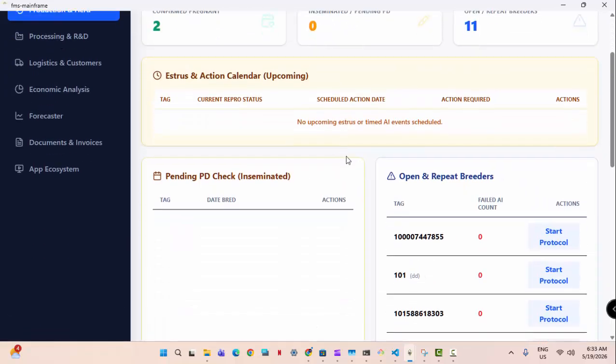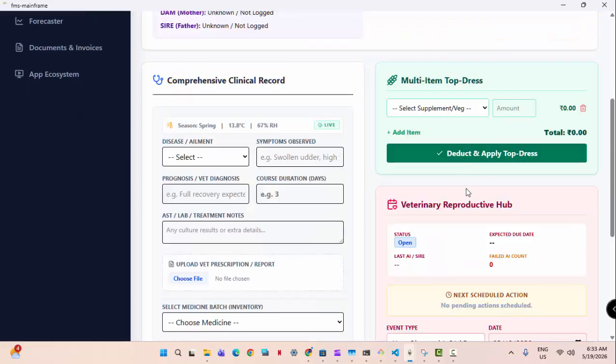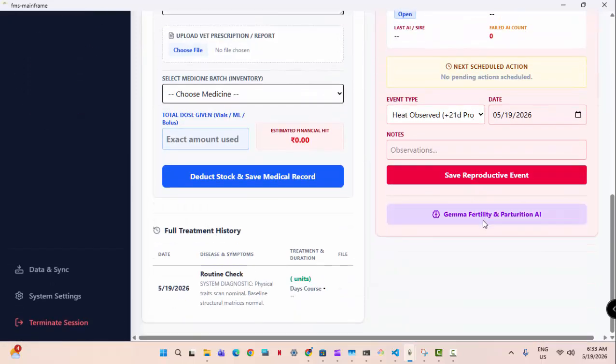Then we have the reproduction dashboard, wherein we can even assess or schedule the artificial insemination based on the estrus cycle of the cows, which is quite essential for the farming business because it is uneconomical if we miss out on any estrus opportunity.